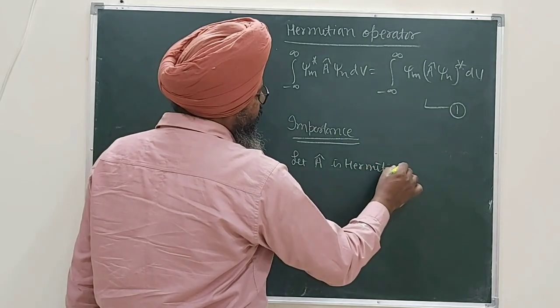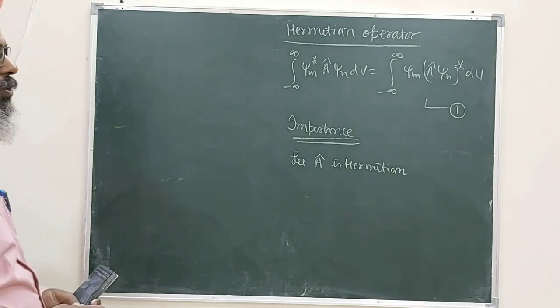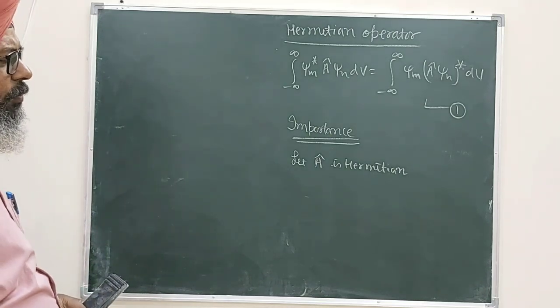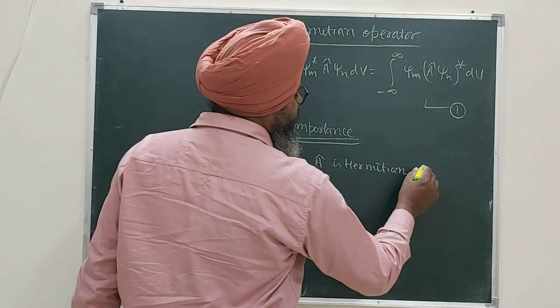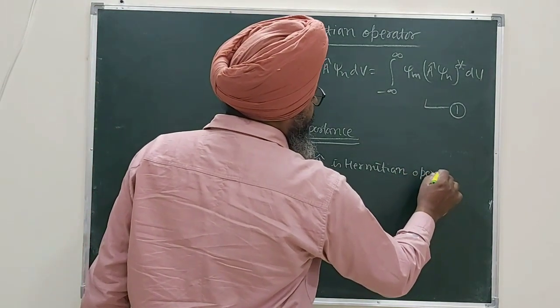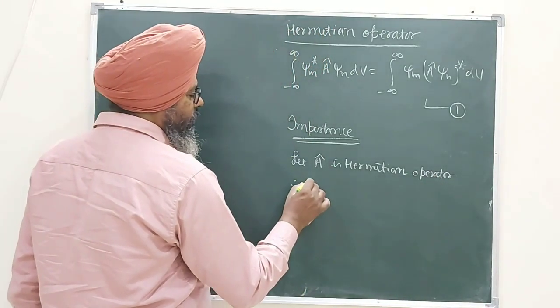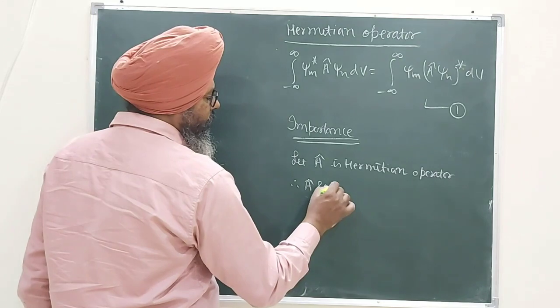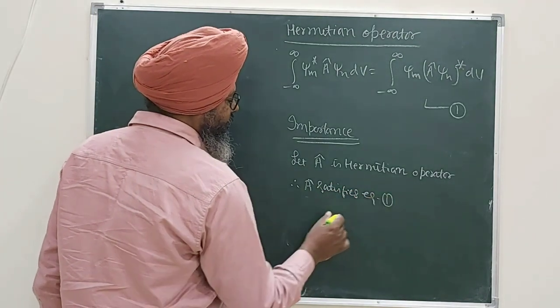In order to understand the importance of Hermitian operators, I have to assume that there is a certain operator which is Hermitian. If it is a Hermitian operator, then A cap satisfies equation number 1.